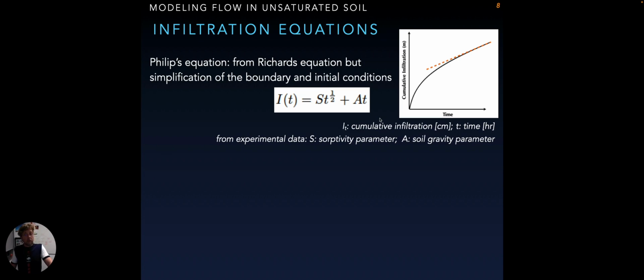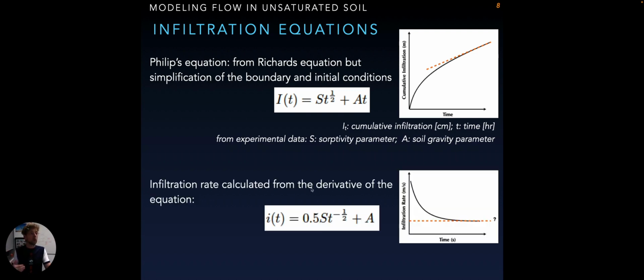I forgot to mention, this is a cumulative infiltration, so that means it's the accumulation over time. And so if you want to calculate the infiltration at a specific time, what we call the infiltration rate, not the cumulative one, you will have to integrate that equation to obtain the infiltration rate.